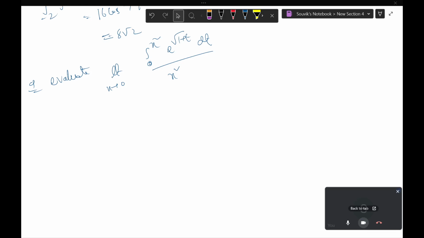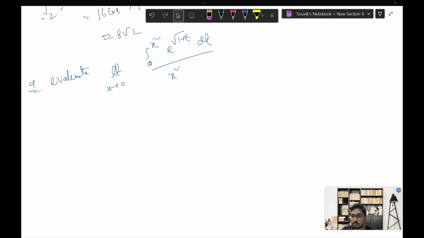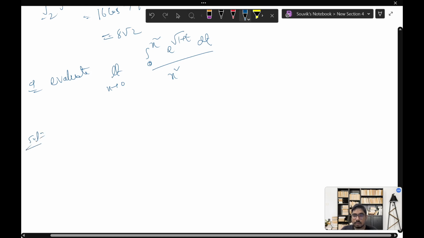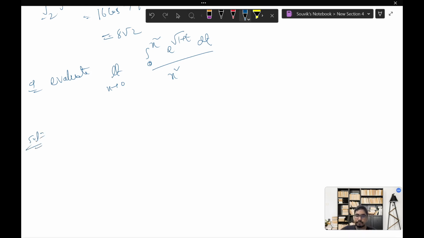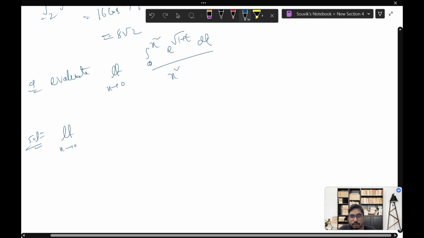So, solve the integration. Observe that here we need the L'Hopital structure. So we are going to use L'Hopital's rule. There is a 0 by 0 form.